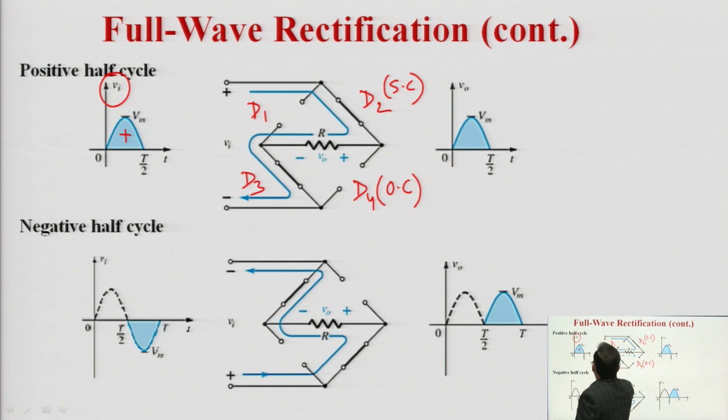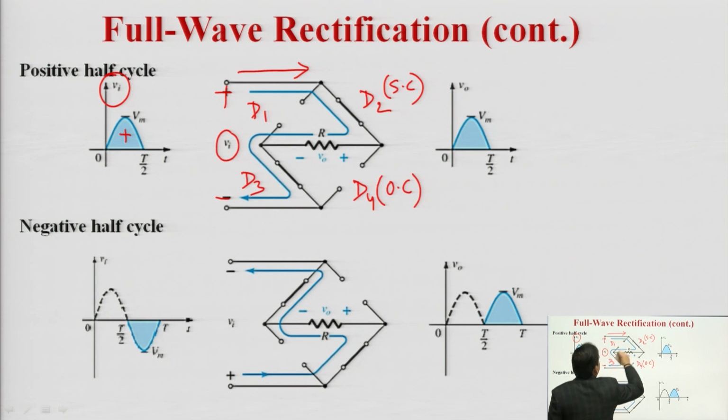When Vi is applied in this particular manner, this node will be more positive with respect to the other node, so the current will flow in this direction. Due to this, diode D1 will be off and diode D2 will be on. This is the equivalent circuit.